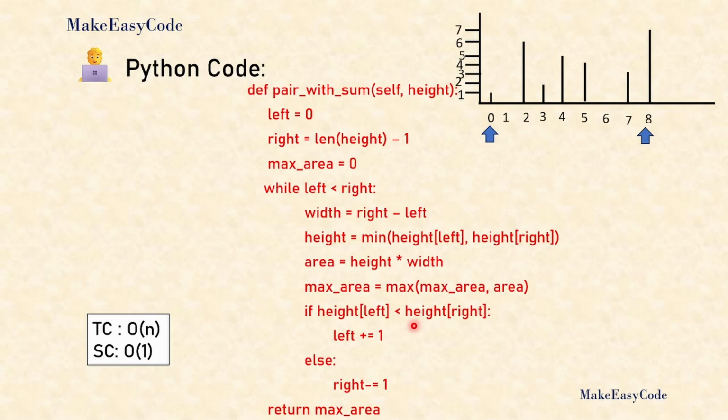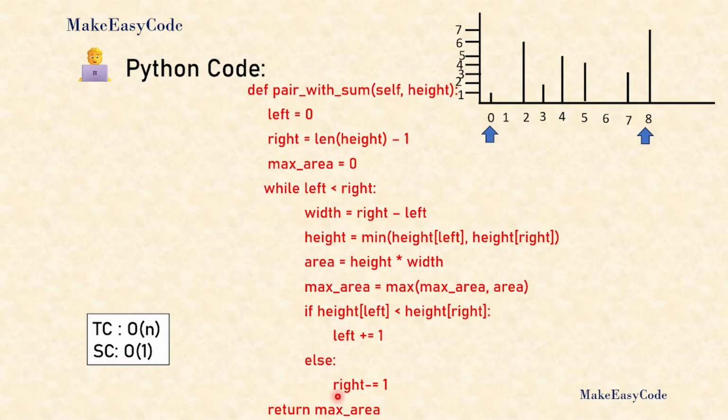Why? Because moving the larger one won't help here. The smaller height is the bottleneck for the area. So if height of left is less than height of right, we move the left pointer forward. Otherwise, we move the right pointer backward.